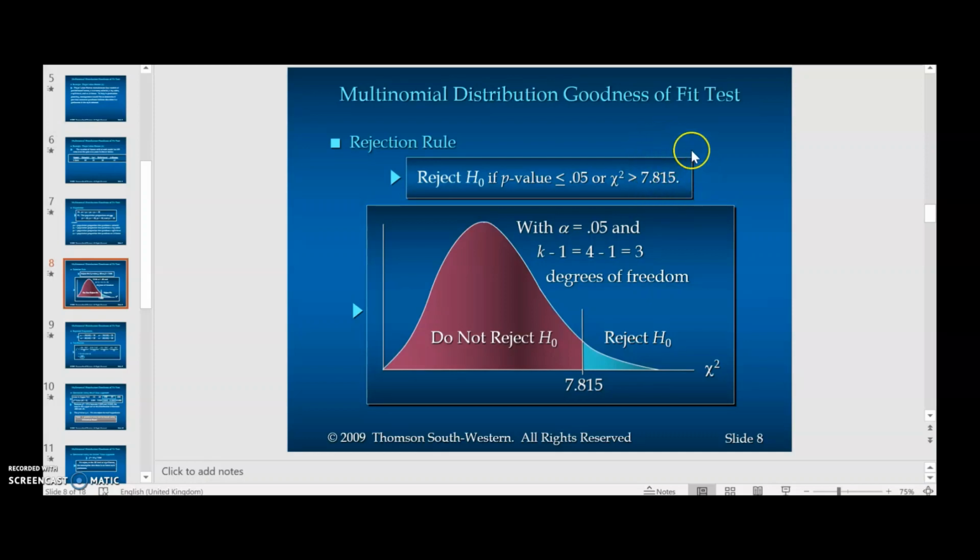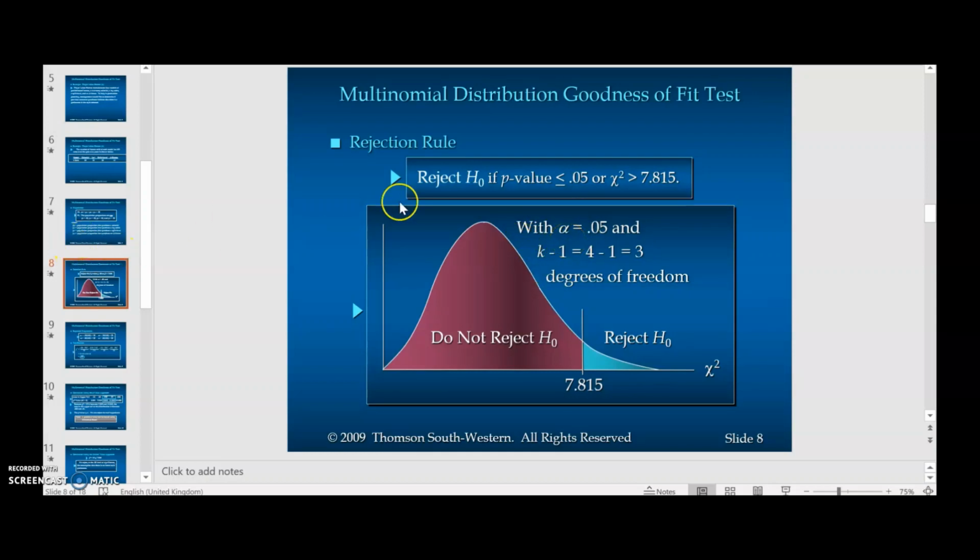This chi-square critical is obtained by referring to the chi-square critical value or chi-square distribution table. So in order to determine the value for the chi-square critical, we have to know the significance level as well as the degrees of freedom.